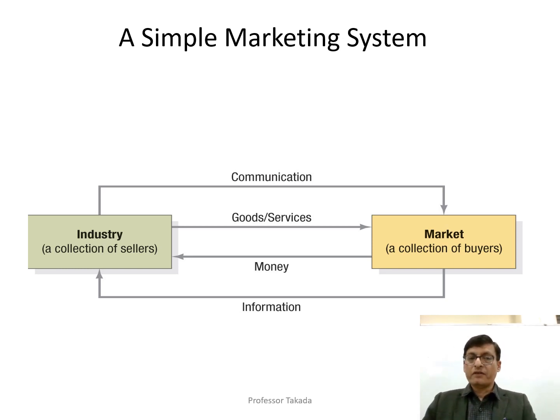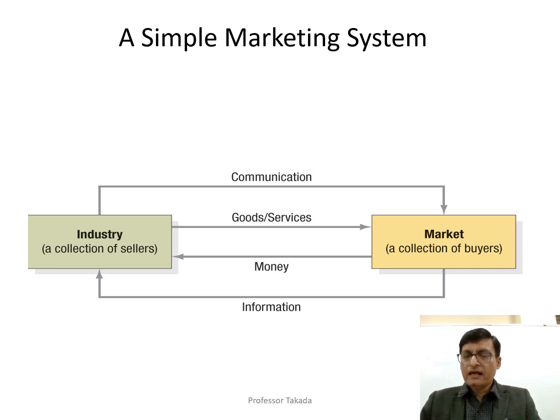The information flow or communication flow is in both directions. First, the organization communicates about the product to the buyers, that is, about the features and the benefits. So communication or information is in the forward direction. Then again, buyers after using the product give their feedback to the organization whether they like the product or not.